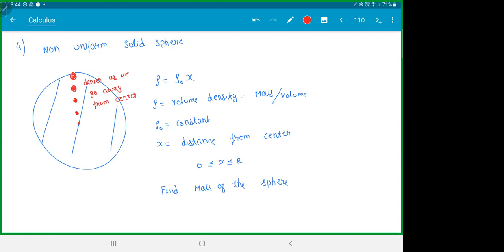There's a lot of similarity between this and the disk. Only thing, in the disk you used to take rings. In a solid sphere, we take hollow shells with small thickness.